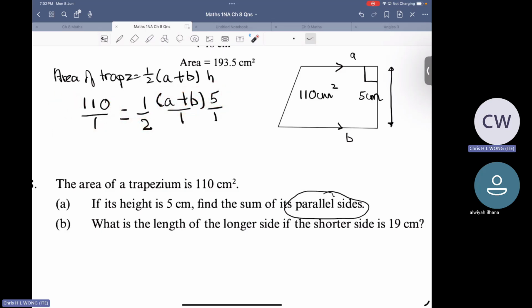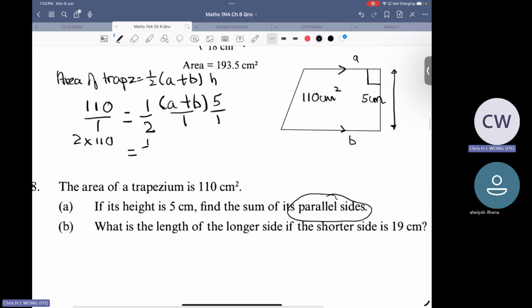So I have 2 times 110 equal, and this one becomes 1 over 1, no more. The moment I cross over the equal sign, the 5 on top becomes 5 below. So left is A plus B over 1. You only have A plus B left, right?